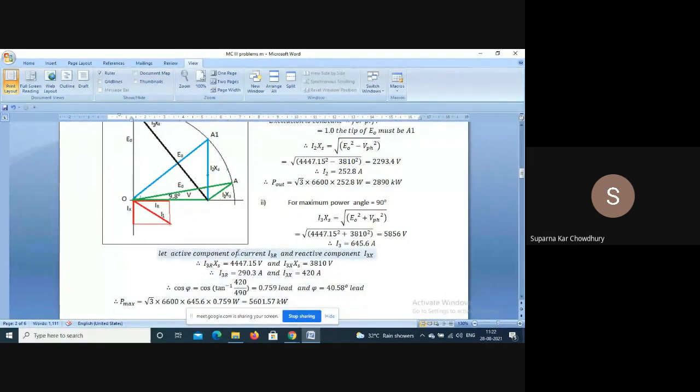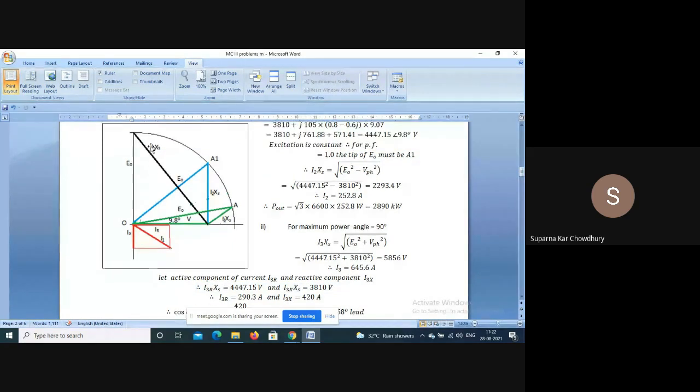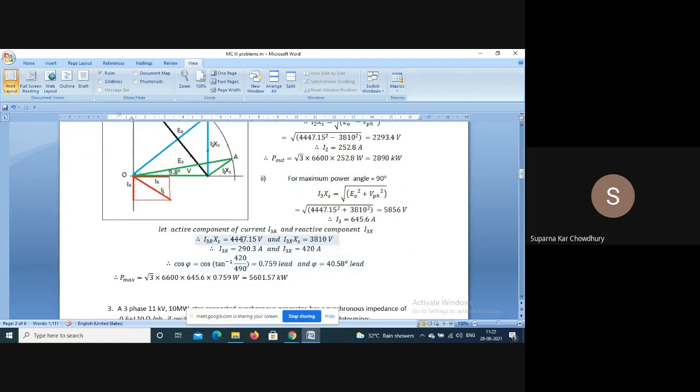So let the active component of I3 be I3R and the reactive component I3X. Then the active component I3R XS is this, I3X XS will be this, because this is your I3 XS. So its active and reactive components will be along these lines.